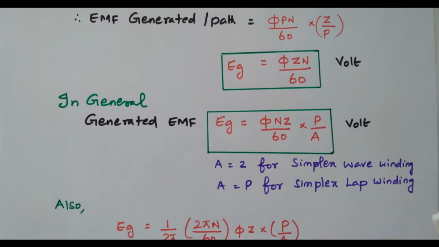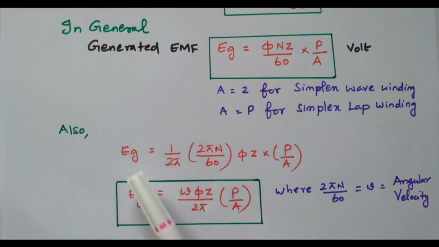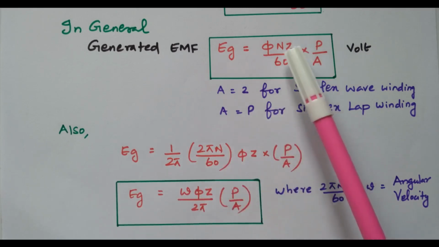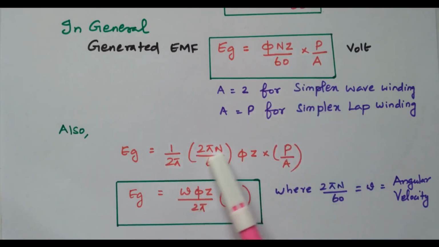Then we'll go with the angular velocity. The generated EMF is expressed in terms of angular velocity. For that, 2 pi is multiplied and divided. We already have N by 60, and pi Z P by A is available. In order to get the angular velocity omega, omega is nothing but 2 pi N divided by 60.